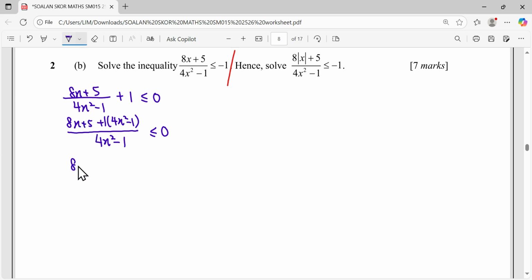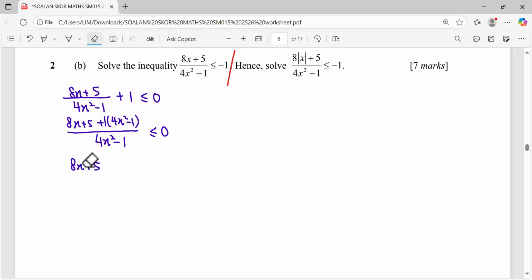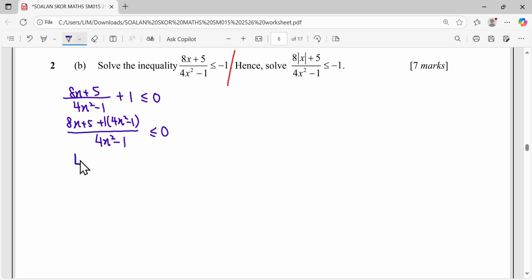So we have 8x plus 5 minus 1 times 4x squared, which gives 4x squared plus 8x plus 4 over 4x squared minus 1 less than or equal to 0. Look at the quadratic here, 4, 8, 4. We can divide by 4, so we get x squared plus 2x plus 1.